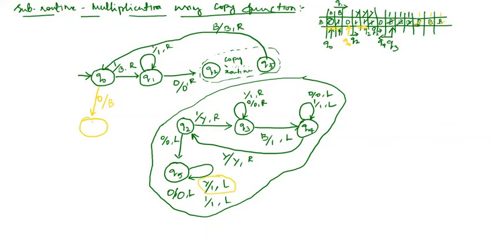So this is going to be q6, then make all the ones into blank and move right until I read a 0. It comes here.